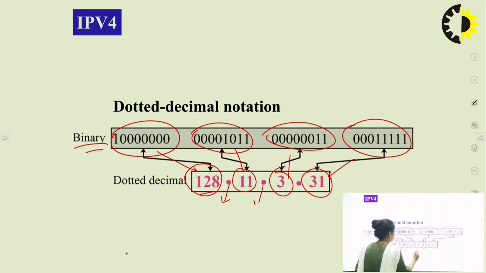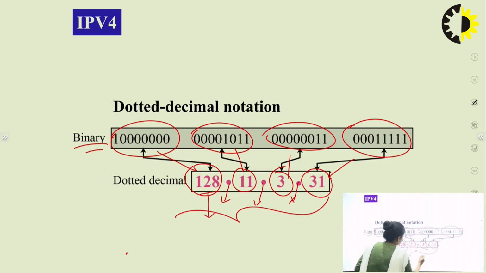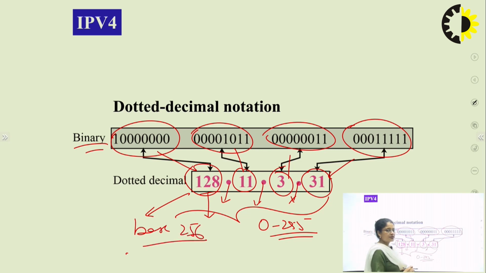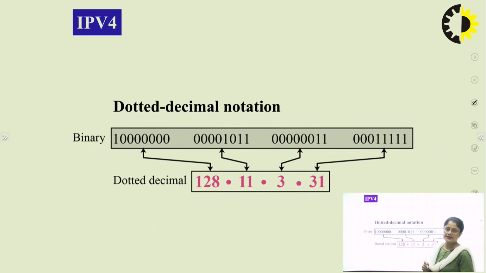Each of these values will range from 0 to 255 max, and hence these are also called base 256. Why? The values will not go beyond 255. So this second one is called dotted decimal representation, which is also called base 256 representation.